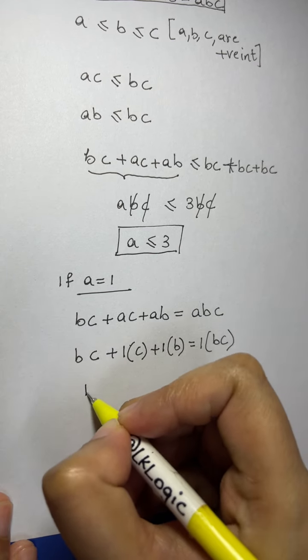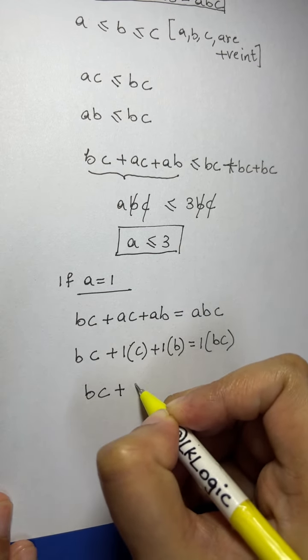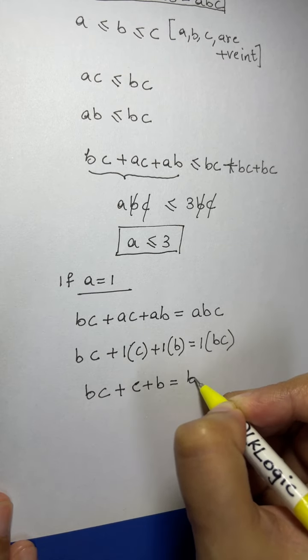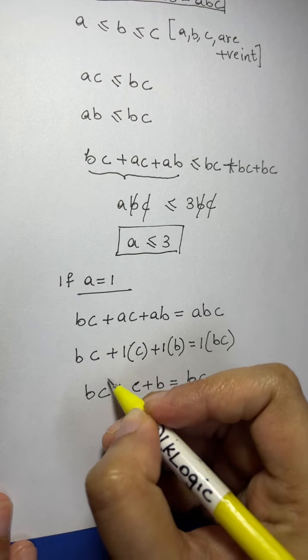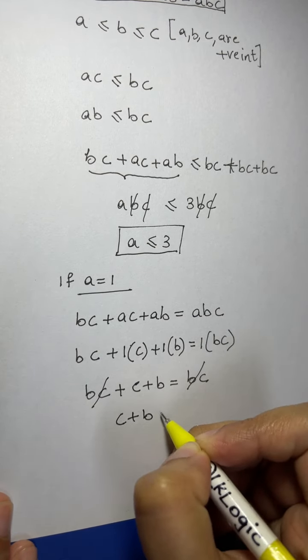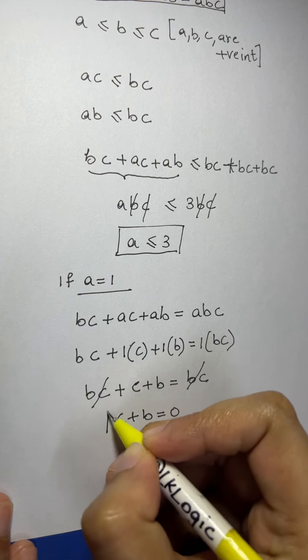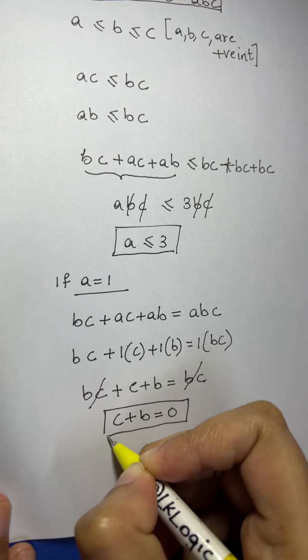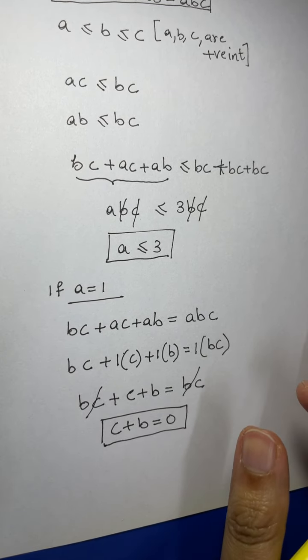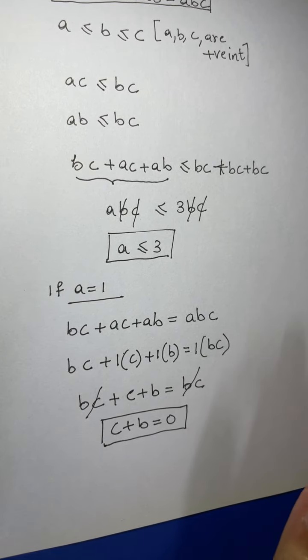Then you have bc plus c plus b is equal to bc. bc gets cancelled, so you're left with c plus b is equal to 0. And you already know that b and c are positive integers.